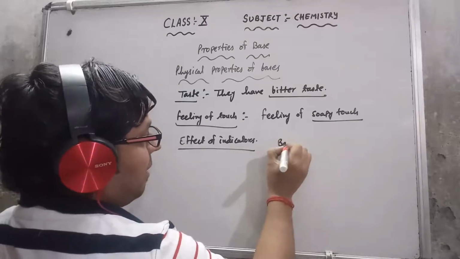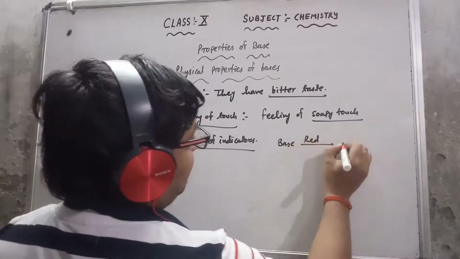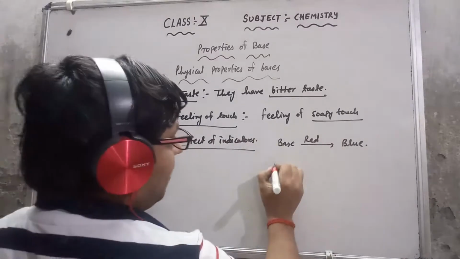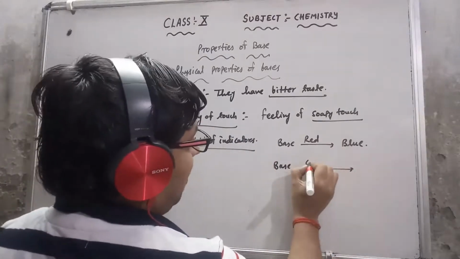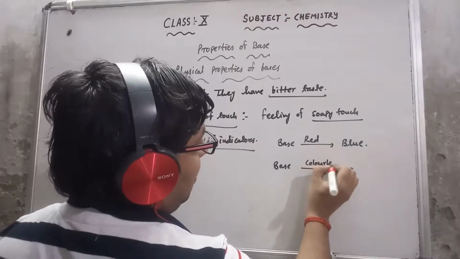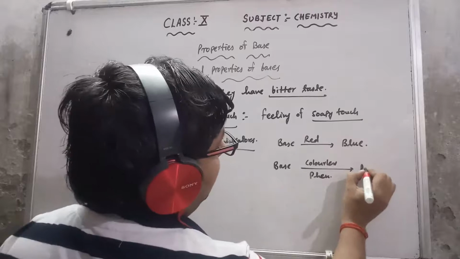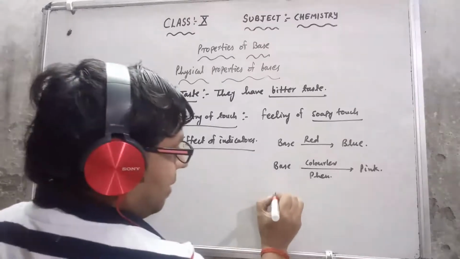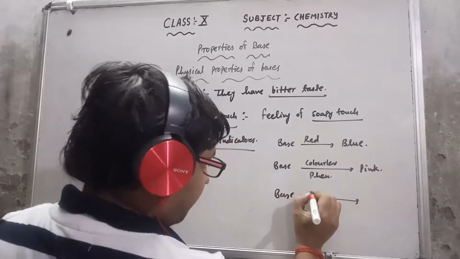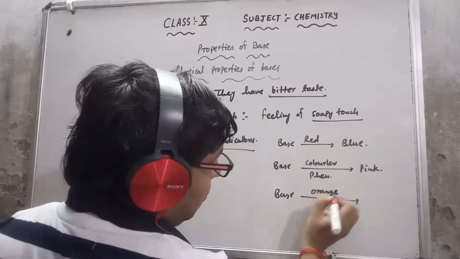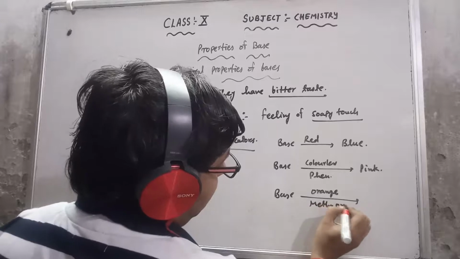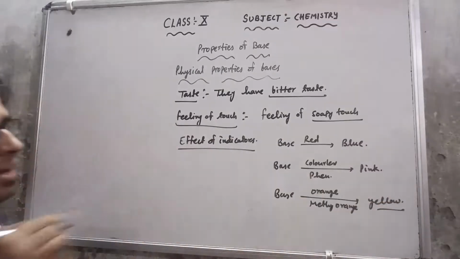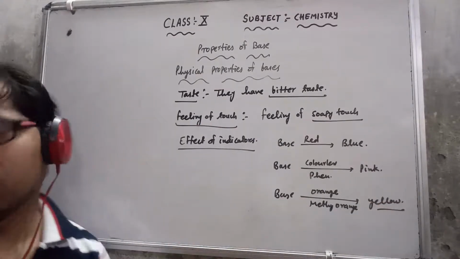As we know, base turns red litmus into blue in color, and base turns colorless phenolphthalein into pink in color, and we know base turns orange methyl orange into yellow in color. So those are the effects of base on the particular indicators.